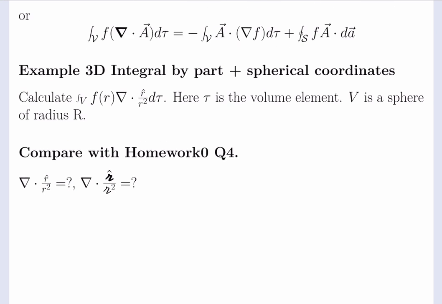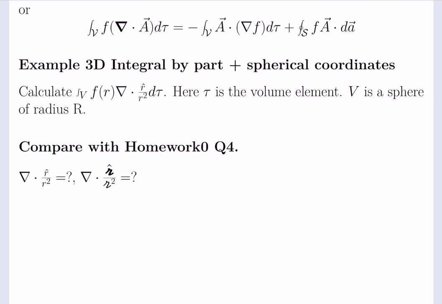For example, the integral here, we might not be able to calculate del dot r hat over r squared, and if that's the case, we can try to move this del to the left, and let's apply this example. So here is the volume integral of f(r) del dot r hat over r squared d tau.